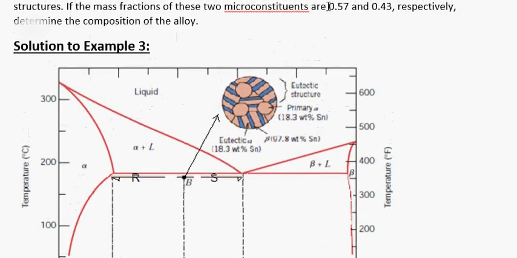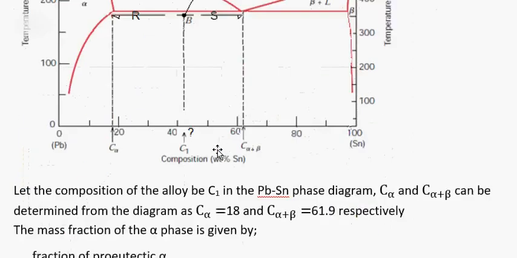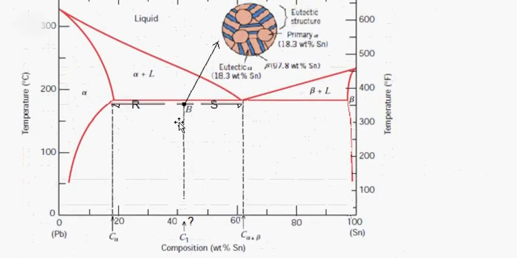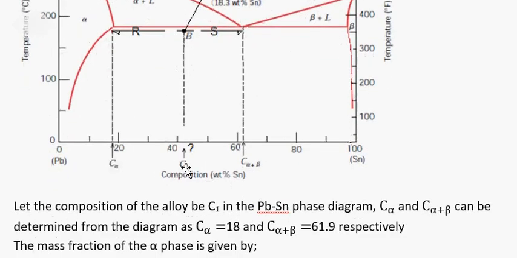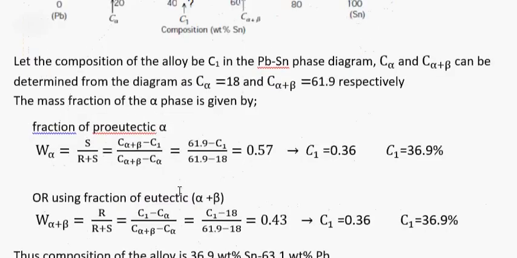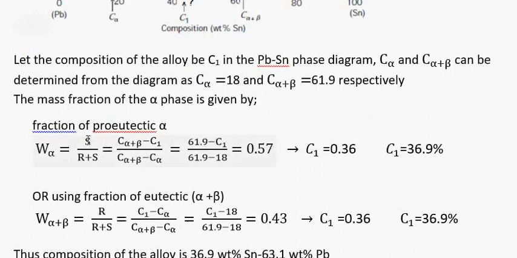But we are given the fractions of the pro-eutectic alpha and that of the eutectic mixture. So in this case, we say the fraction of the pro-eutectic alpha is going to be S all over the total, R plus S, and we use these points here to further elaborate. In this case we substitute.